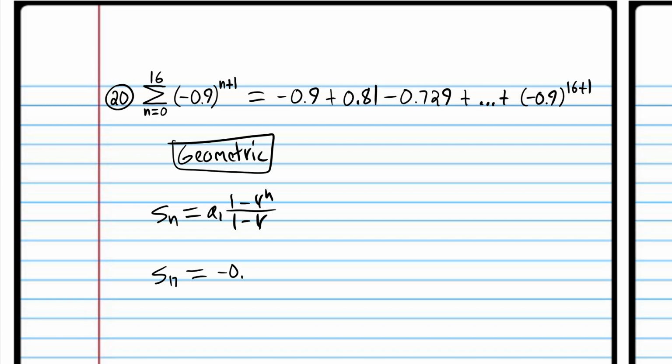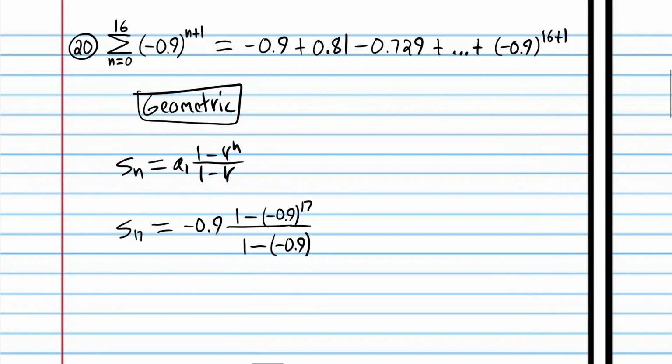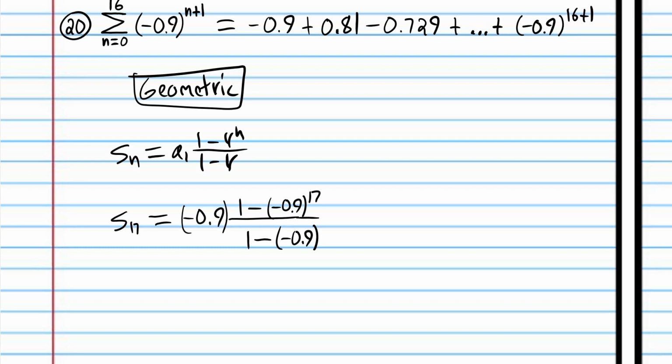So the first term is negative 0.9. The common ratio is negative 0.9 and n is 17. And the common ratio again is negative 0.9. So now all we have to do is just simplify that.